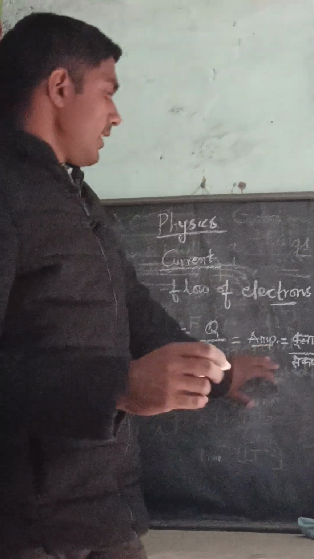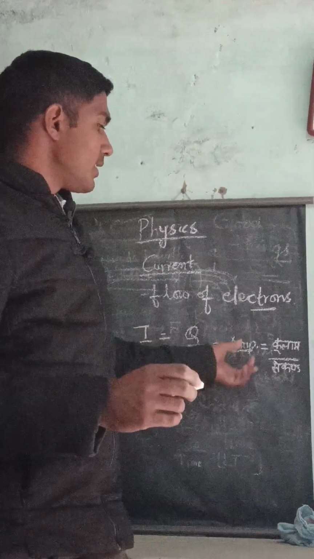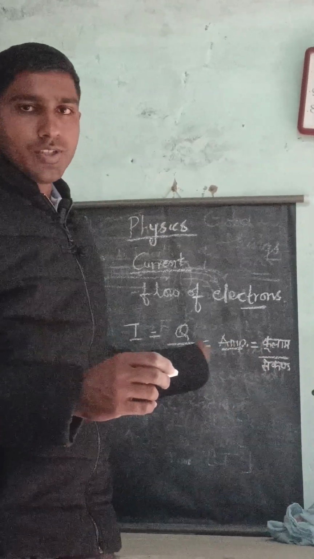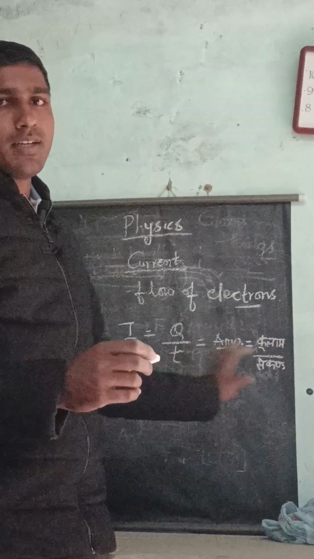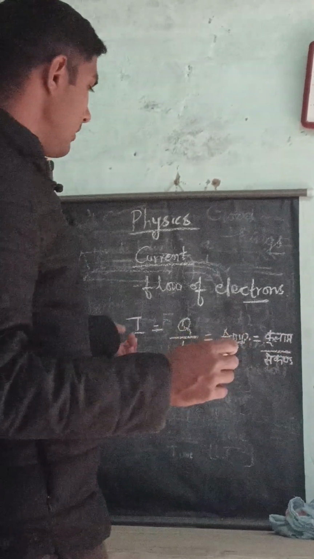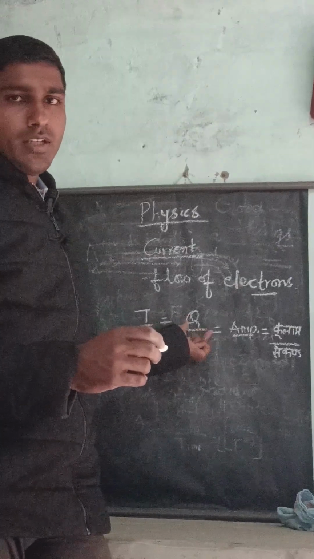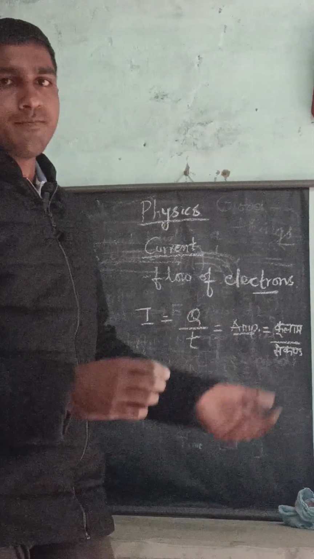So current has unit ampere, which is basically coulomb divided by second. So I equals Q by T. This is the unit of current.